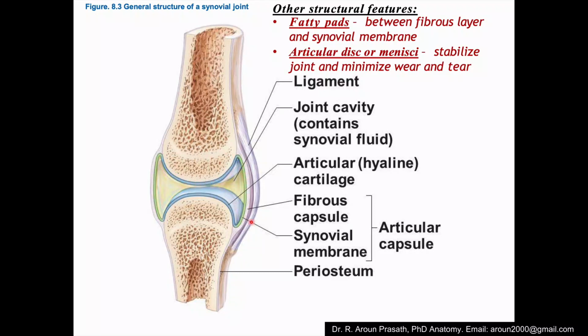This green line is the synovial membrane which will secrete synovial fluid. This is the joint cavity, where there will be synovial fluid in order to lubricate during the time of friction. Then the outermost joint capsule is there. The capsule will be covering the whole joint. On the capsule there are supporting ligaments. Okay, so these are all the common characteristic features of a synovial joint.